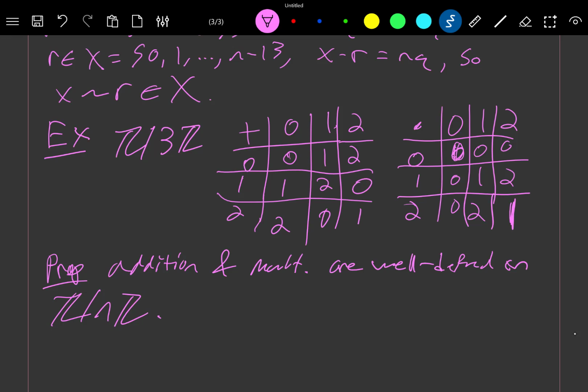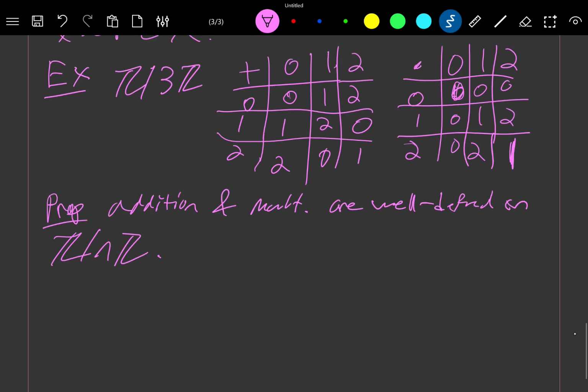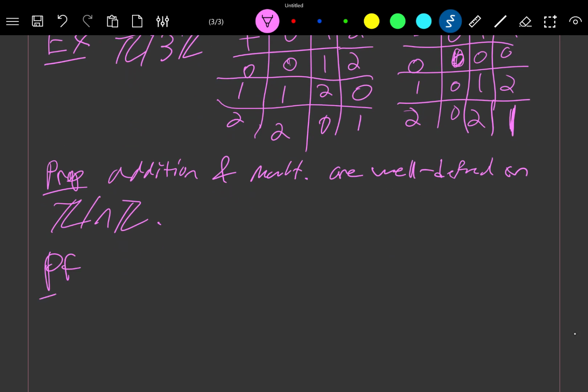And kind of the way we did it up here was we used 0 to n minus 1. But in general, since we're dealing with equivalence classes, we need to show that we can take any equivalent things. So kind of the proof is say a is equivalent to a prime and b is equivalent to b prime.